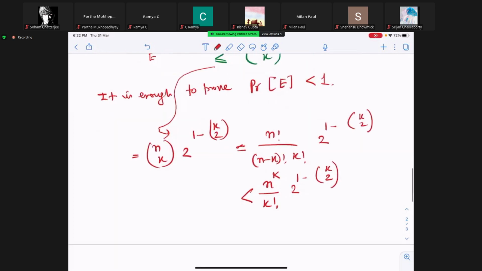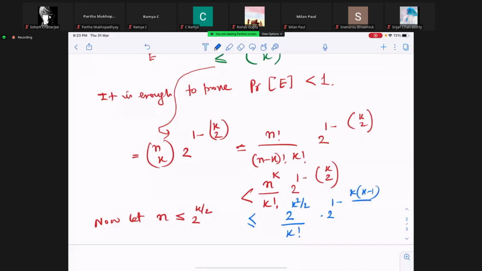Now let n be less than or equal to 2 power k by 2. This is the regime where I want to prove that there exists a good coloring, right? Then this will be less than or equal to 2 power k squared by 2 by factorial k. And now if you expand k choose 2, that is k into k minus 1 by 2.